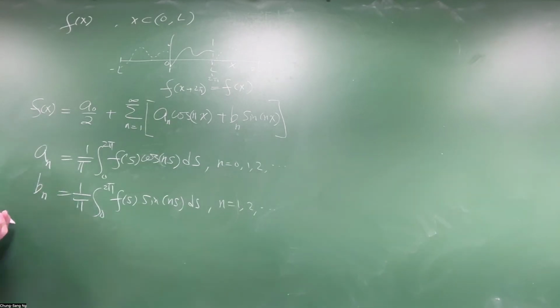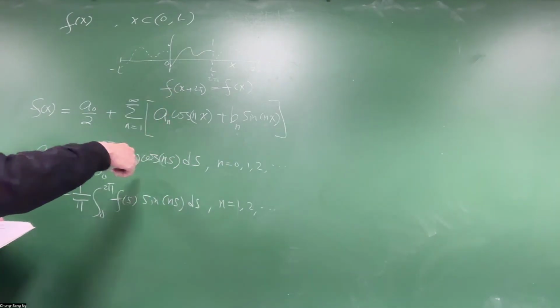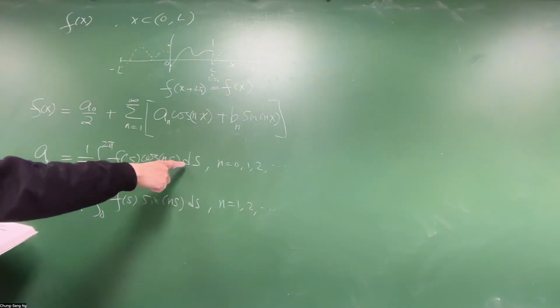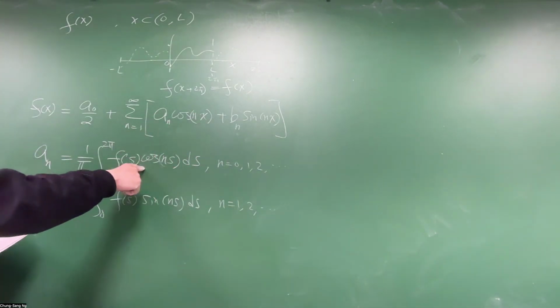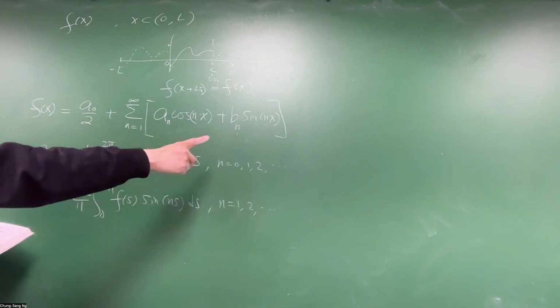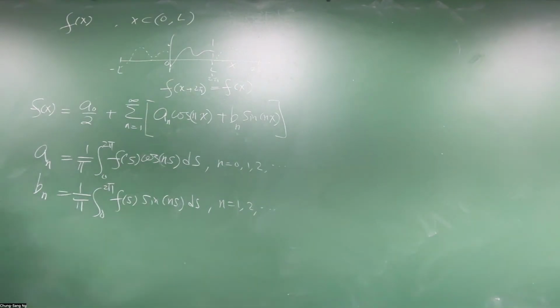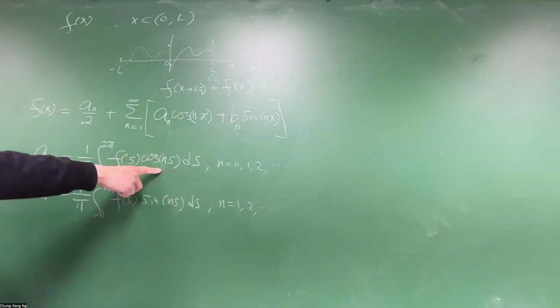Doing it this way will require you to calculate terms like cosine nx times cosine mx, where n and m are different integers, and also cosine nx and sine mx, right? Doing all these combinations of integration, you convince yourself that everything is zero except when you put exactly the same n.